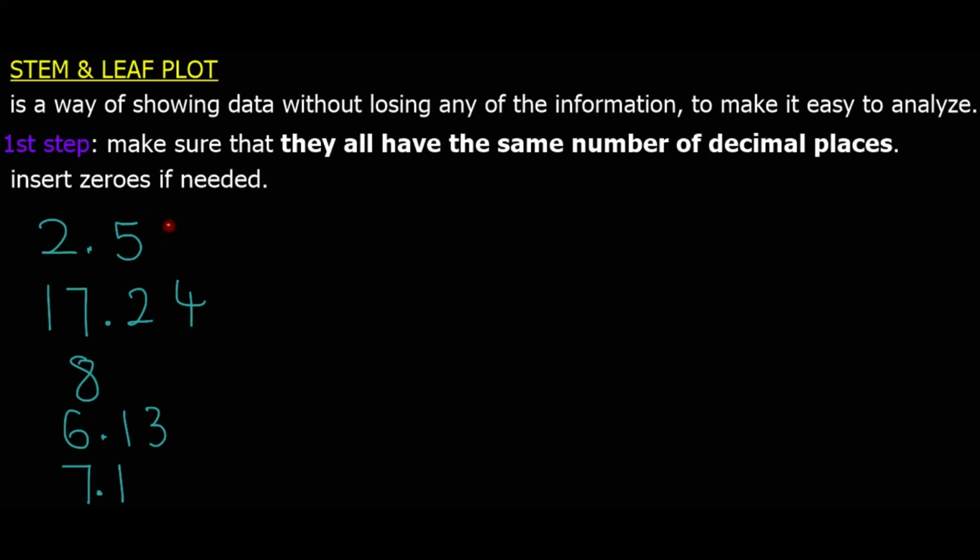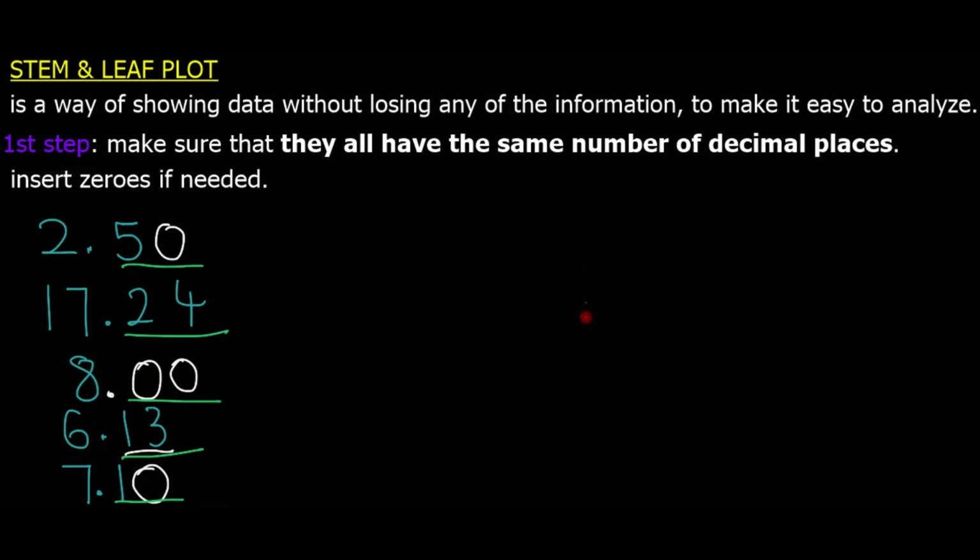So it will be a 0 here, and now it is in 2 decimal places, and this one already is in 2 decimal places, and even this one. But as for this one, it will be a 0 here, and as for this one, 8, this will be 8.00. So now they are in the same decimal places, as you can see.